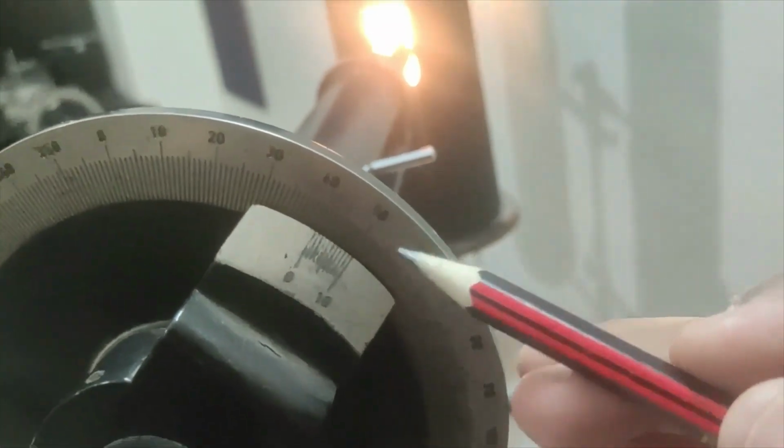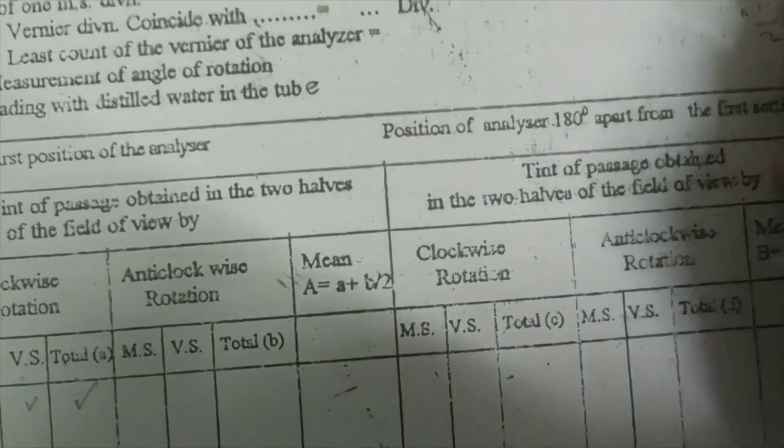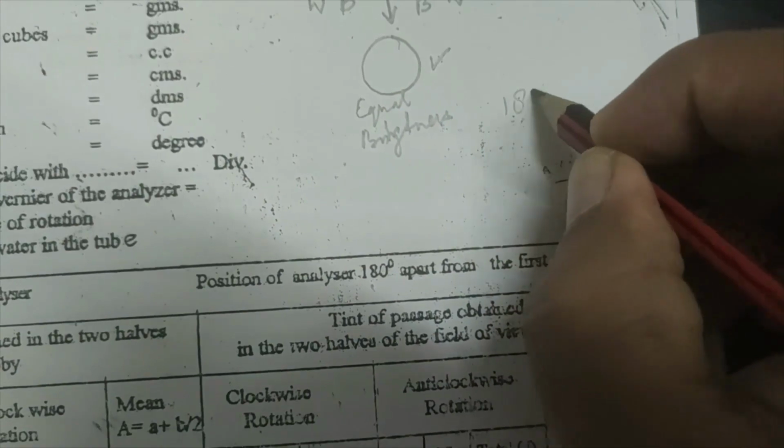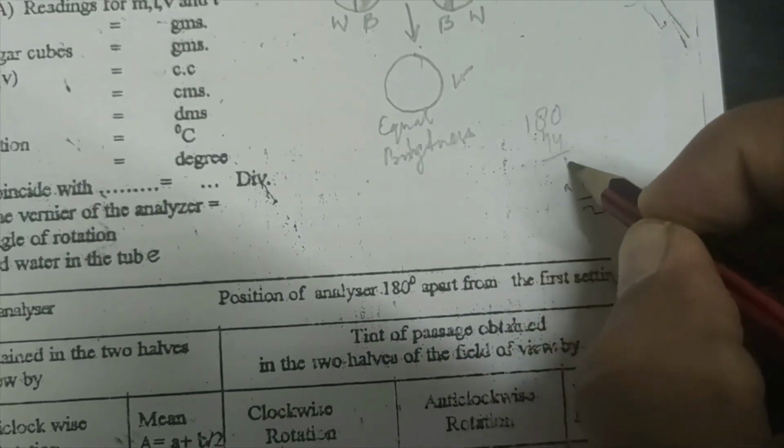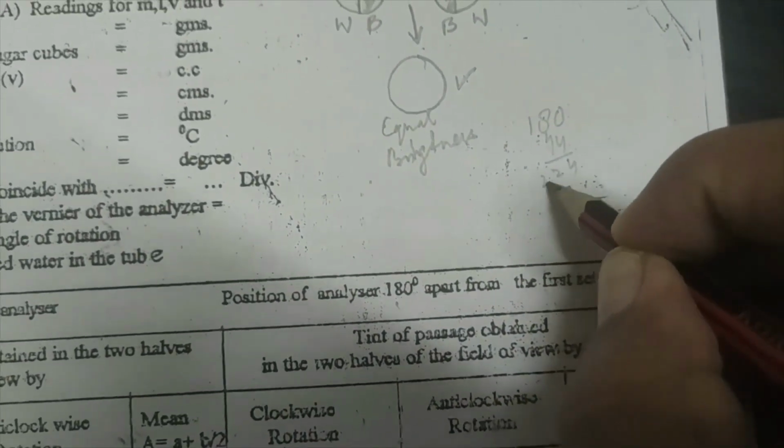So I have my first position of tint at about 42 degrees, then I add 180 to 44, so 4, 2, 224.